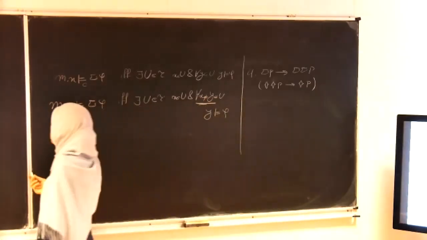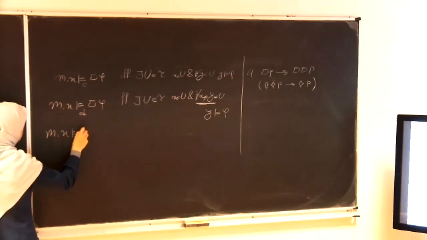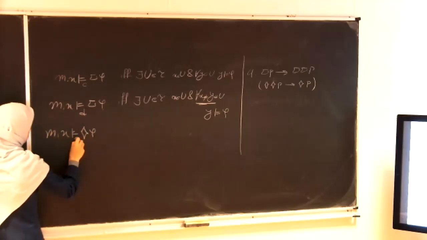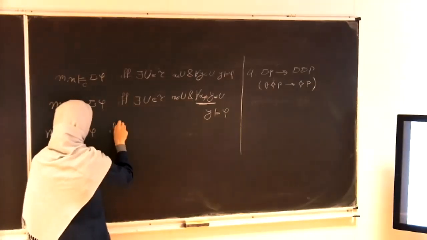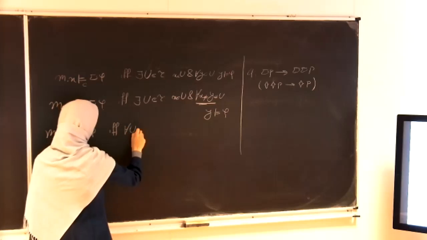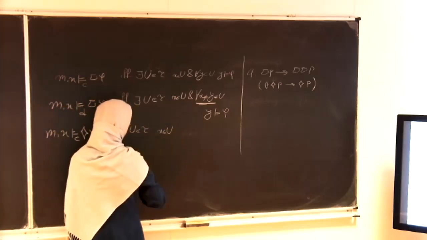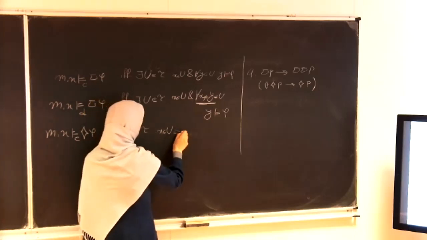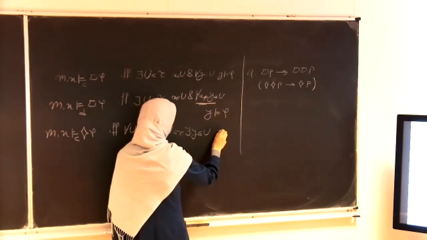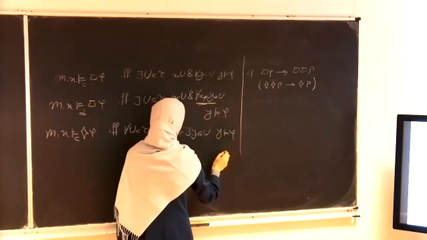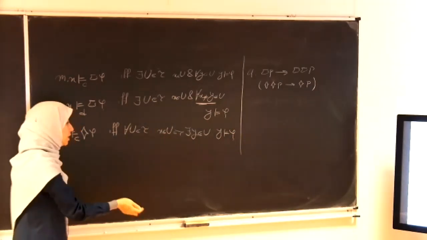I can say the same for diamond. Diamond of phi is true in C-semantics in X if and only if for all U, if X is in U, then there exists some point Y in U where phi is true. Y can be equal to X or be any other member.